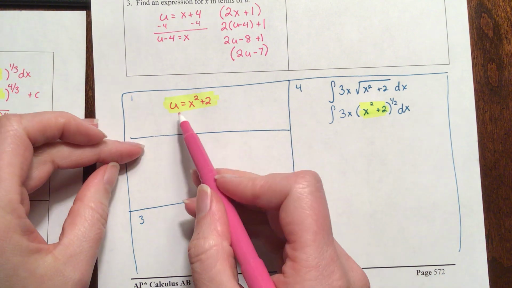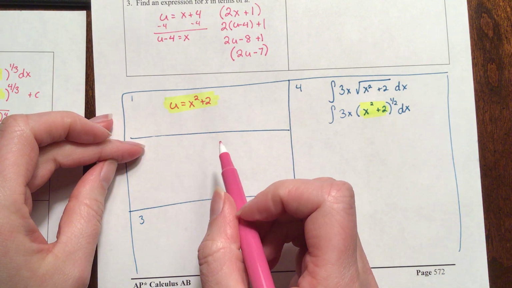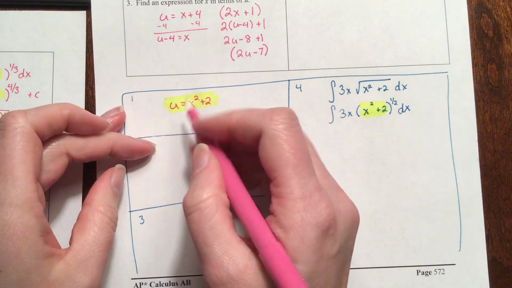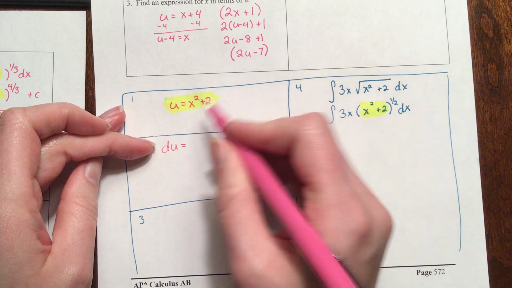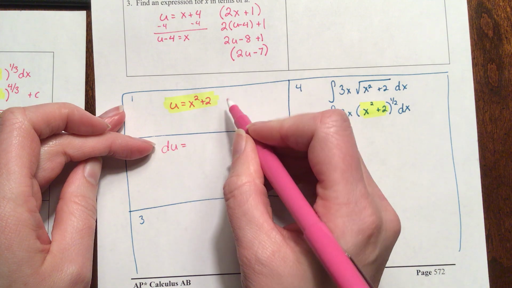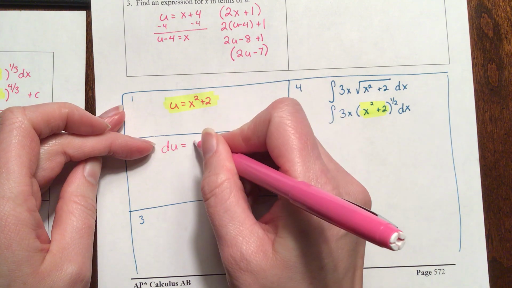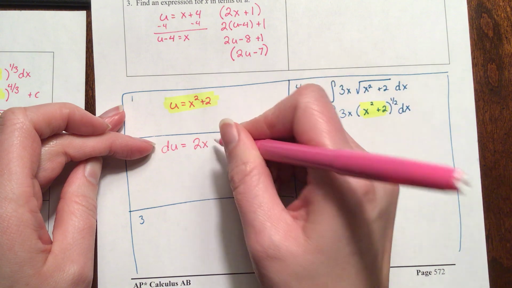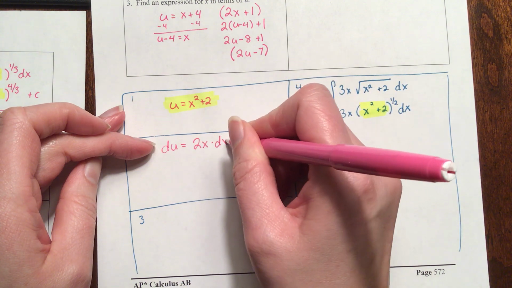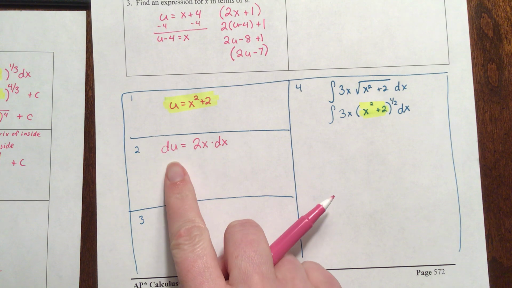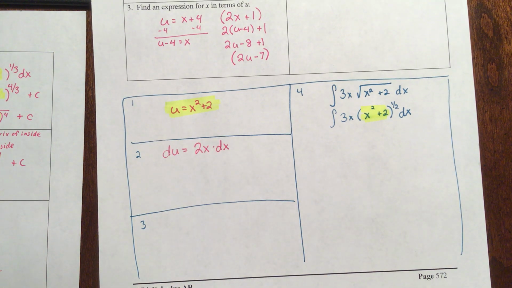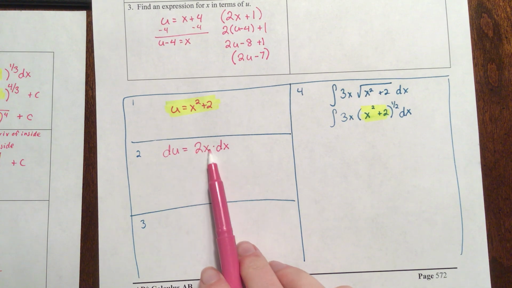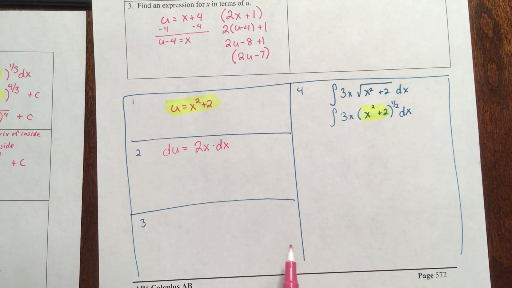If we take the derivative of both sides, the left side, you put du, and then the derivative of x squared plus 2 is 2x. If you put times dx over here, that takes care of the dx that would be over here and moves it to the right. If there's supposed to be two terms, you got to put them in parentheses and then the dx after it.